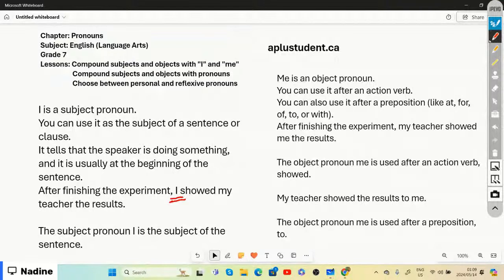It tells that the speaker is doing something. What did the speaker do? He or she showed the teacher the results. So who is the speaker? It is the person, for example, I. I can be any person, right?